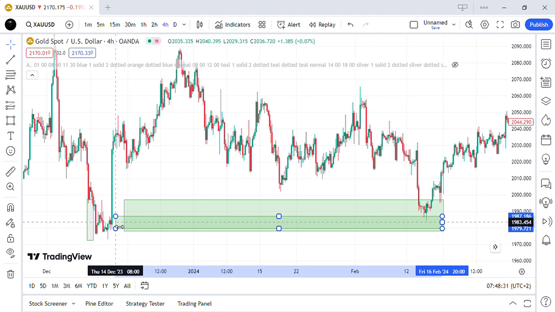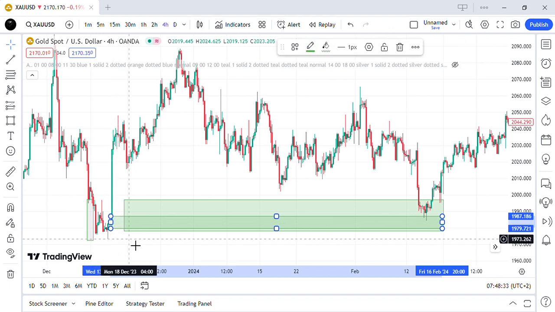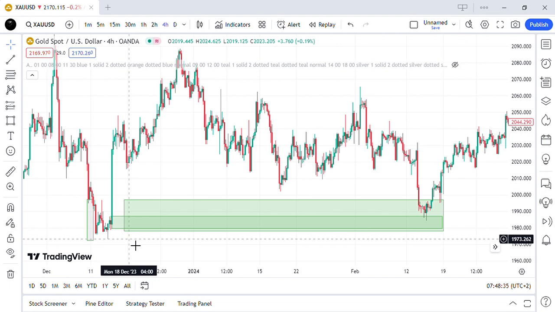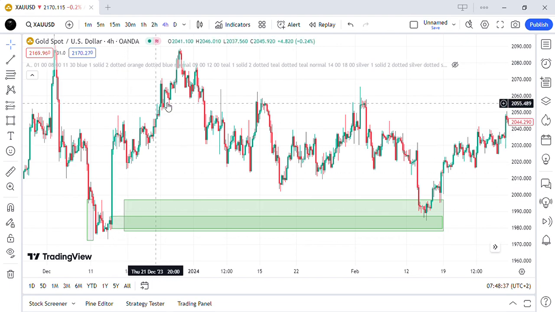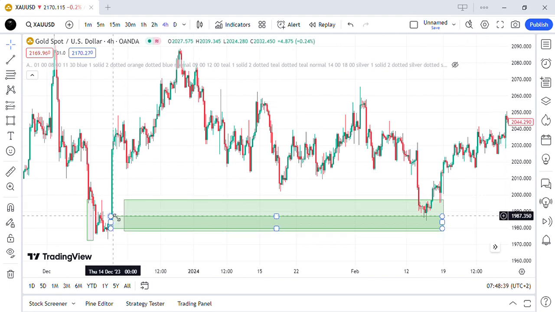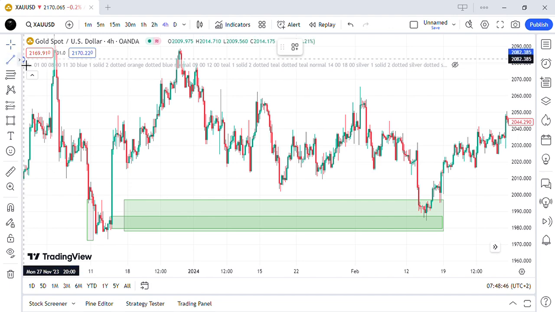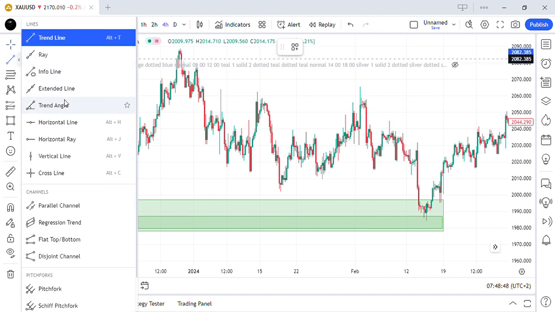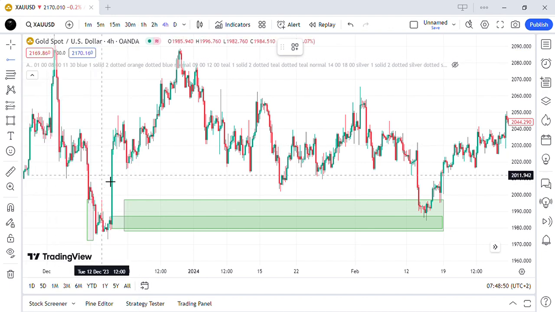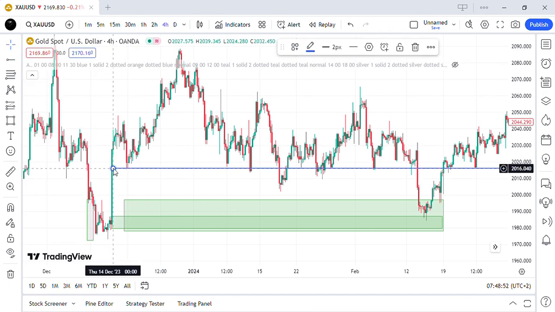So this red candle here, we can mark it, and we say the market must come back and fill all these imbalances. These are all imbalances from here and here.